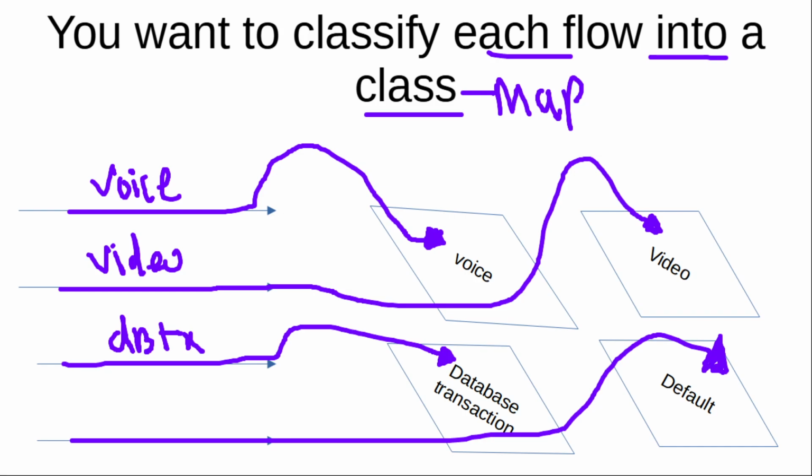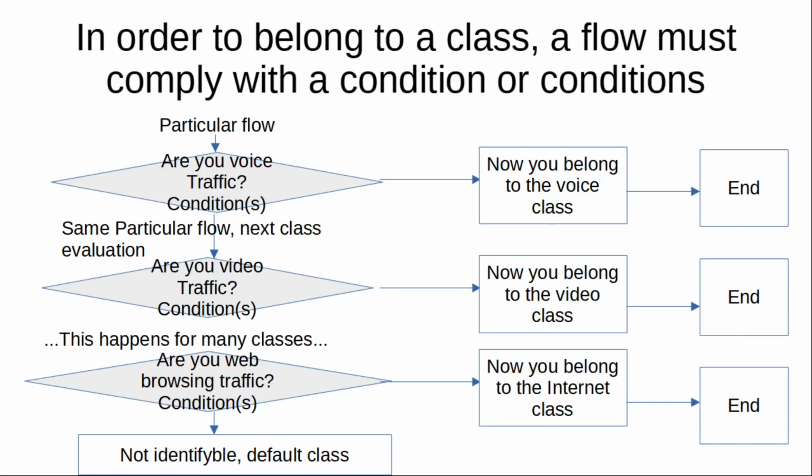So the way it works is the following. I'm going to try to explain this in a fast manner because a lot of engineers out there know how this works. So this will be the algorithm in order to relate a traffic flow to a class map, which is the actual classification method that we want to set up in the switches.